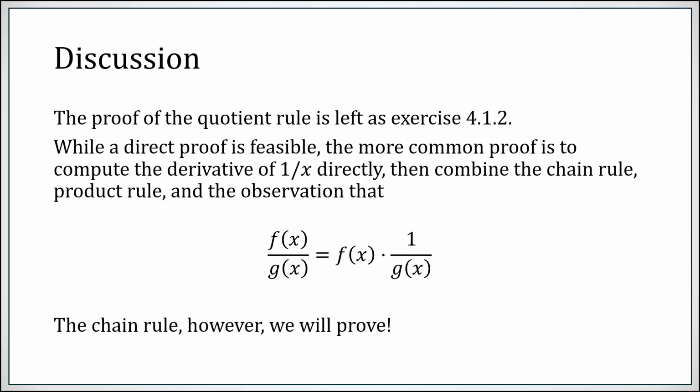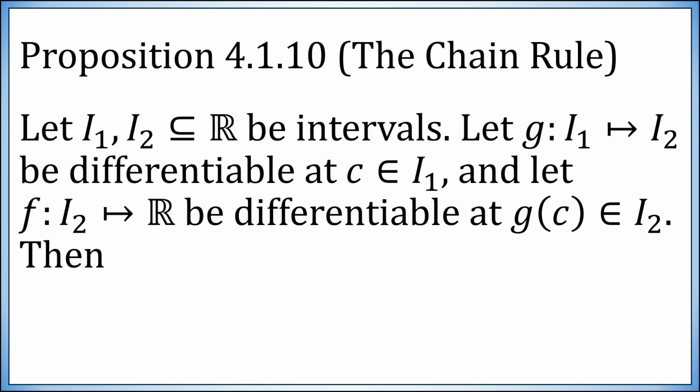Okay. The chain rule, however, we are going to prove. We just glazed over the product and quotient rules. Their proofs are left as exercises. The chain rule, however, we're getting to. So here we have it, prop 4.1.10, the chain rule. Suppose I1 and I2 are two intervals, not necessarily different, not necessarily disjoint, just two intervals. I1 is the domain of g, and its codomain is I2.